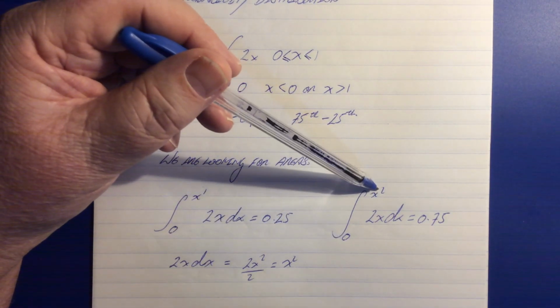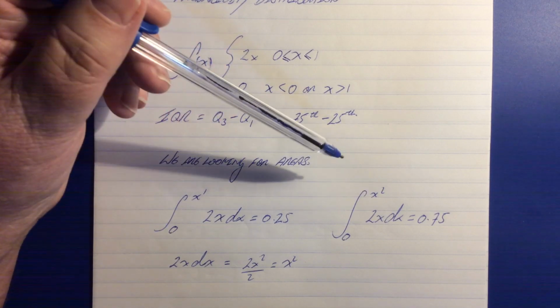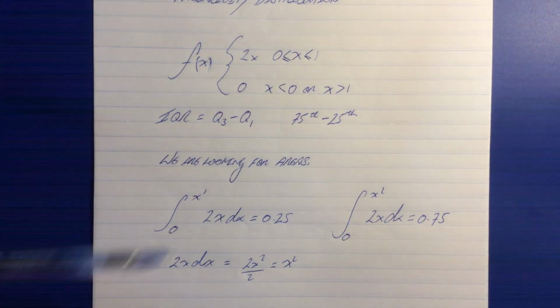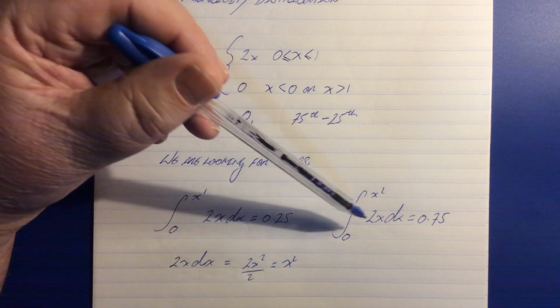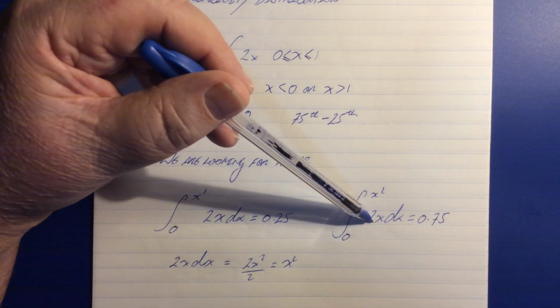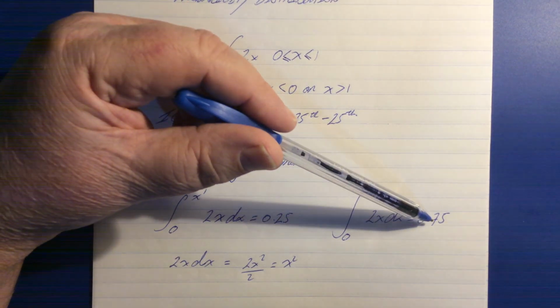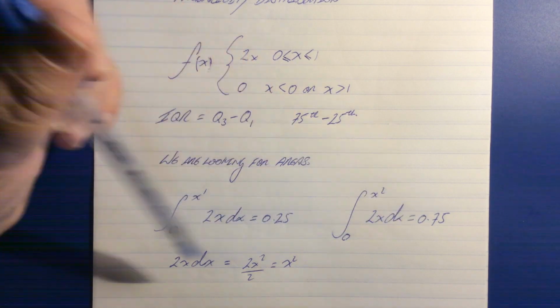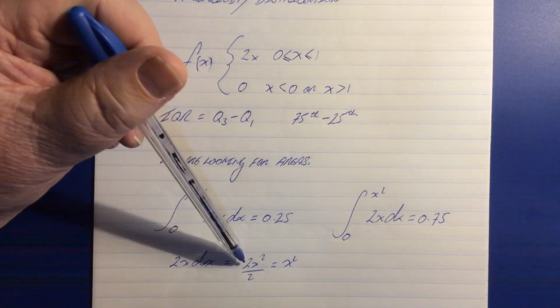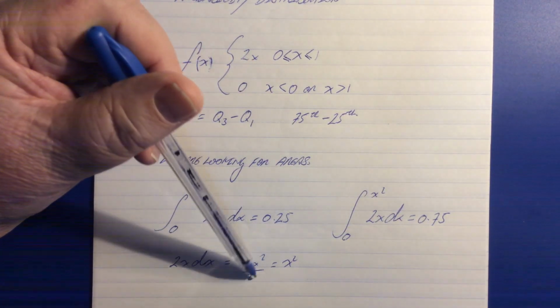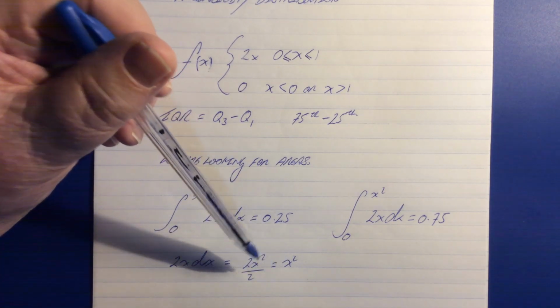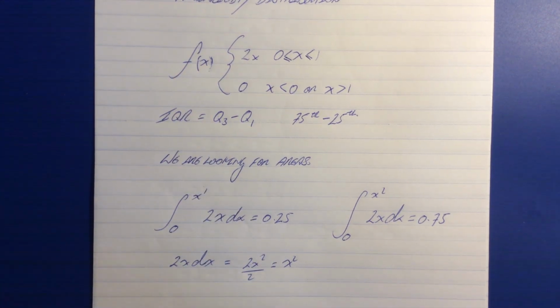We're looking for a number that I've called x2. These are values along the x-axis. And we need the definite integral of 2x to equal 0.75. Now, the integral of 2x is 2x squared over 2, which equals x squared. So let's go to work.